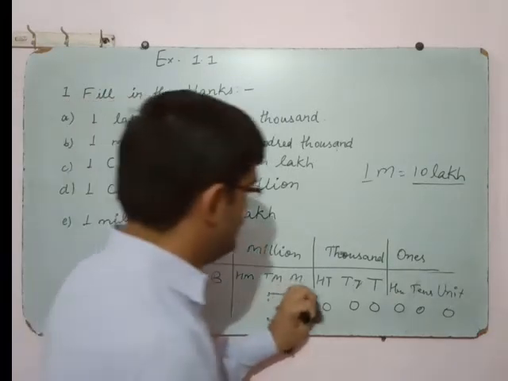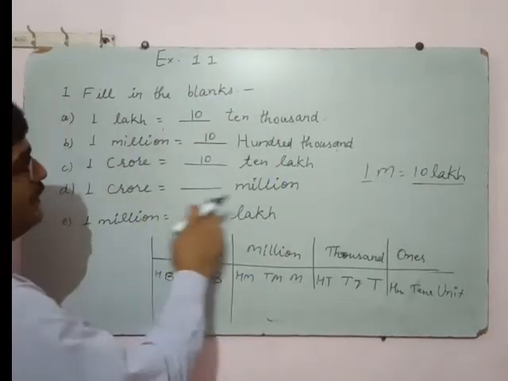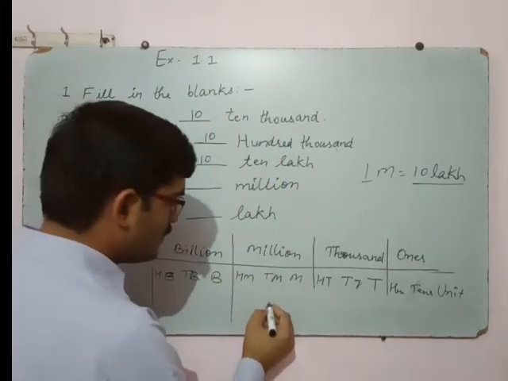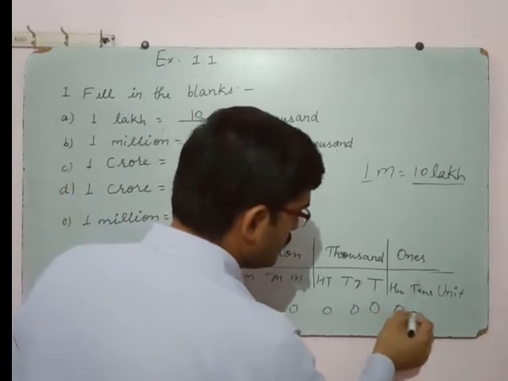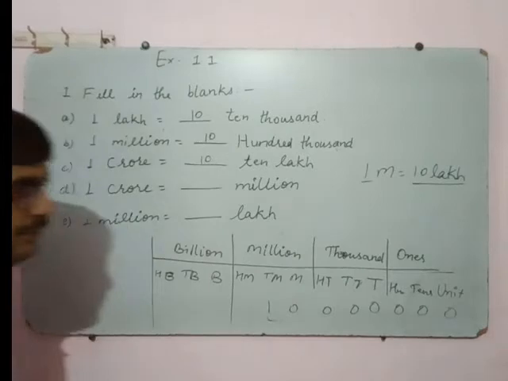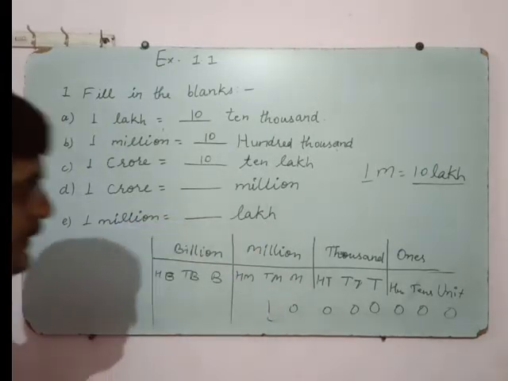Next is 1 crore equal to how many millions? This is 1 crore. And how many millions? This is the million place.